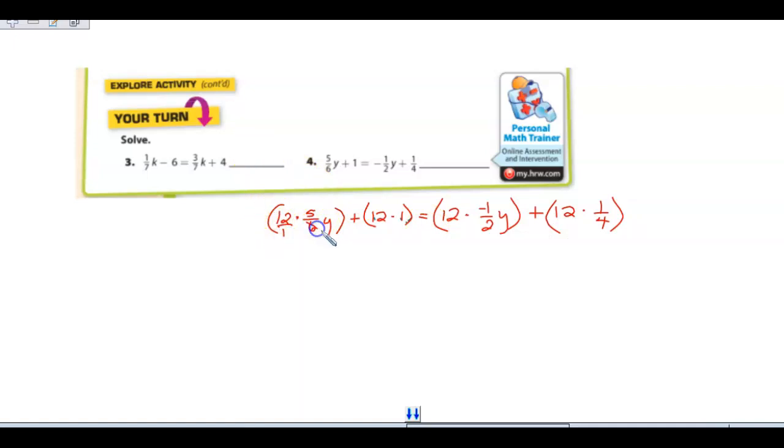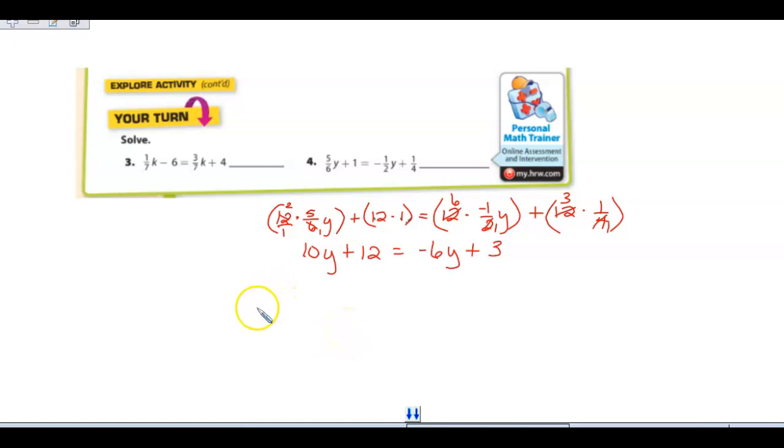The 12 and the 6 would make 12 become 2. 2 times 5 is 10. I get 10y. 12 times 1 is 12, so plus 12. 12 times negative 1/2, if I simplify, 12 becomes 6, 2 becomes 1. 6 times negative 1 y is negative 6y. And 12 times 1/4, 4 would be 1, and this would be 3. 3 times 1 is 3.